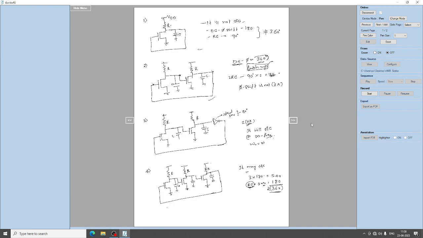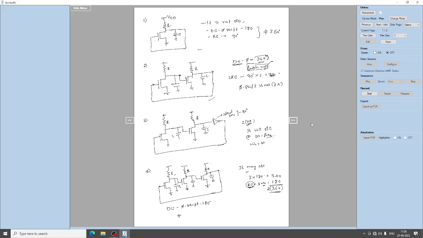So we have a total phase shift from input to output. Each individual stage will give a DC phase shift from input to output of 180°. So you need an additional 180°, that you have to choose from the 3 stage R and C. So first thing we will look at is the gain.